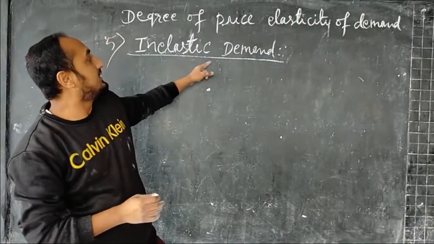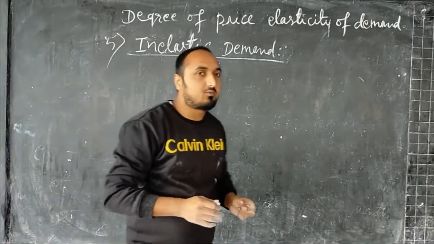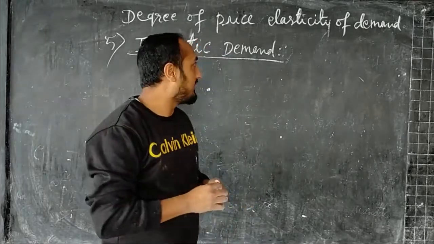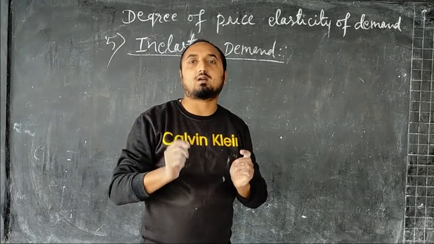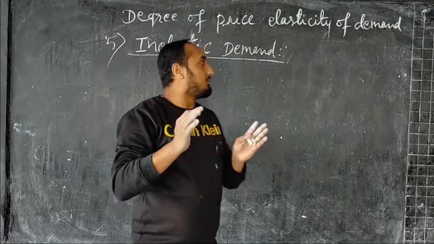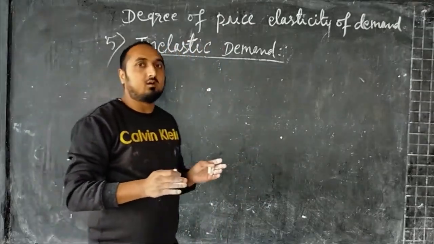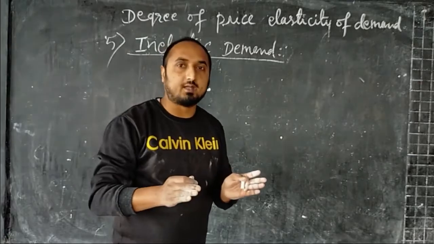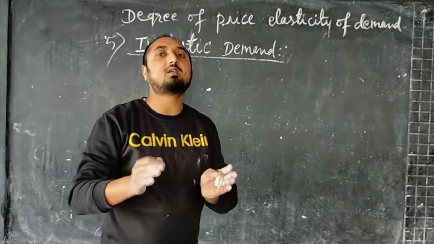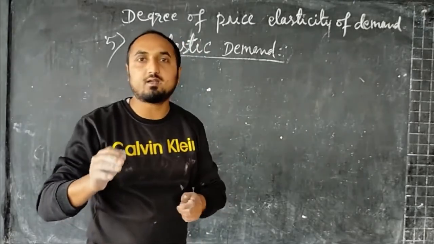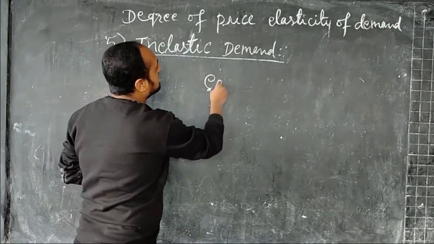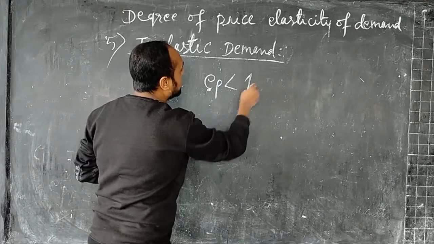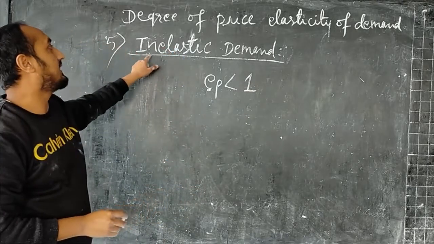In the case of inelastic demand, we have to understand the definition. So definition says that demand is said to be inelastic when the percentage change in price of a commodity is greater than the percentage change in quantity demand, then the value of price elasticity of demand is less than 1. So this is the case of inelastic demand.